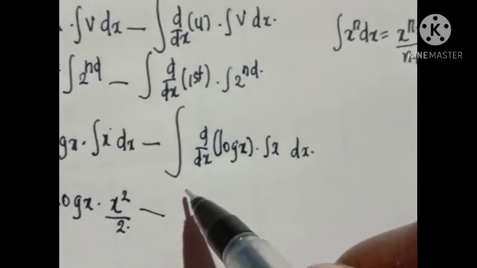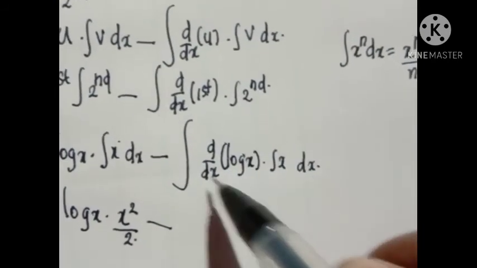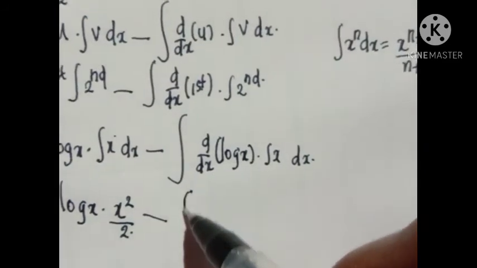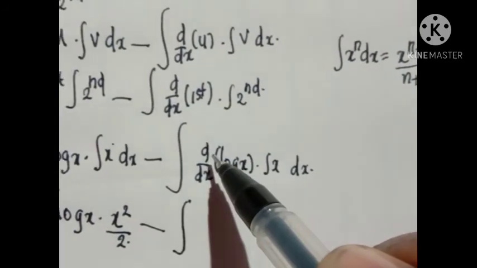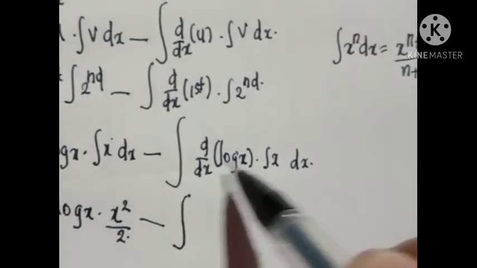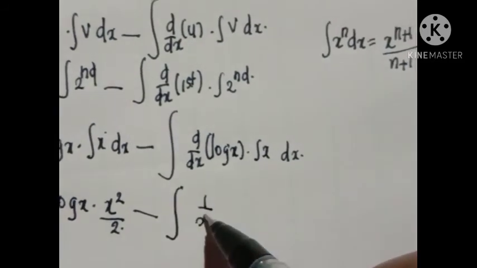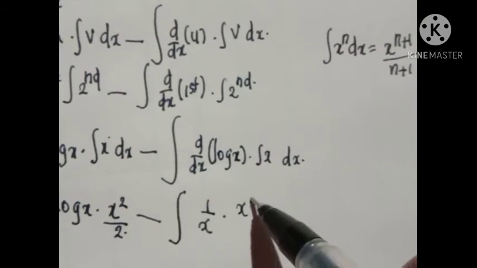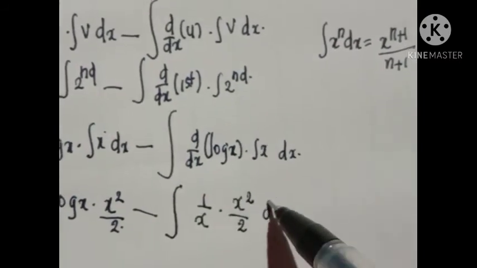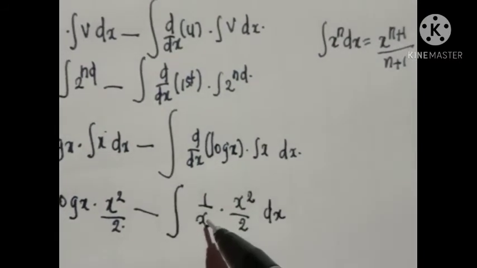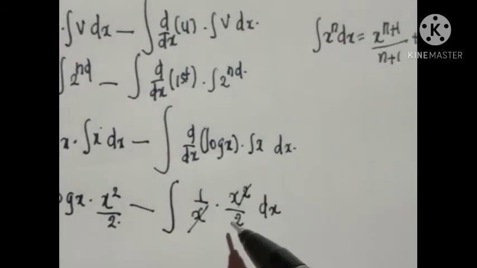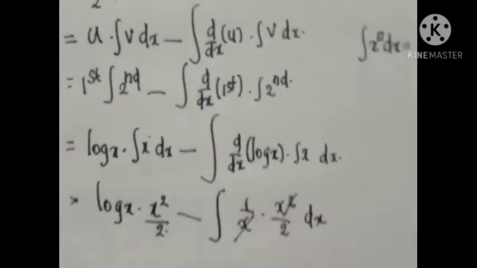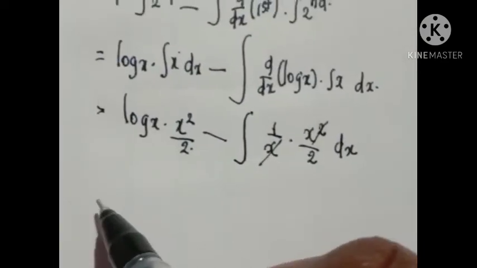Minus. First we want to find this expression. Then integrate. So d by dx of log x, derivative of log x is 1 by x into integral of x. Integral of x is x square by 2 dx. Here we can cancel this x and x and take this 1 by 2 outside because 1 by 2 is a constant.